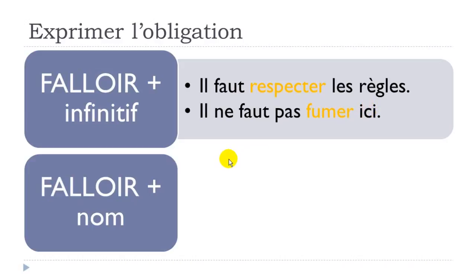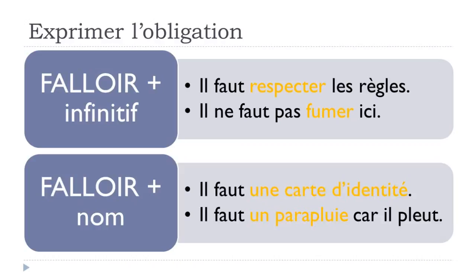Okay, so now we'll see the way it works with a noun. And here, for instance, il faut, so still il faut, remember, it's only il faut, so it's a verbe impersonnel. Une carte d'identité. Il faut une carte d'identité.